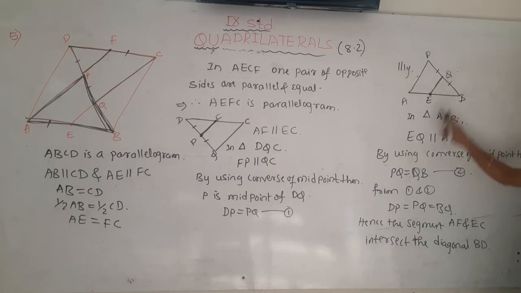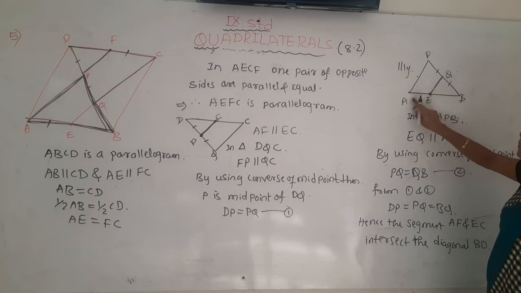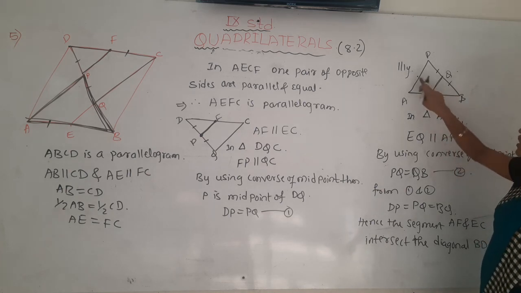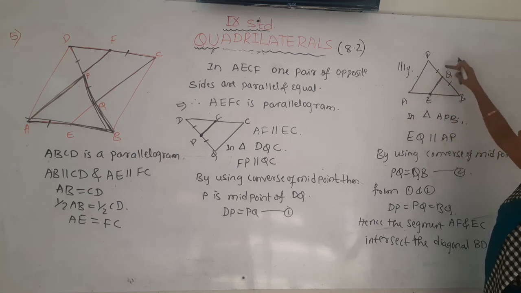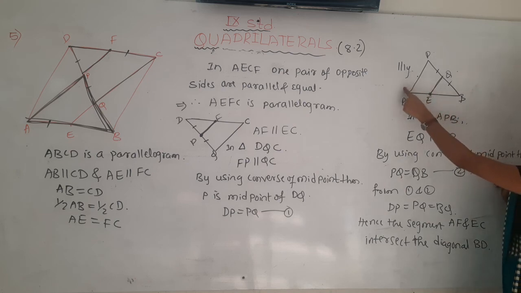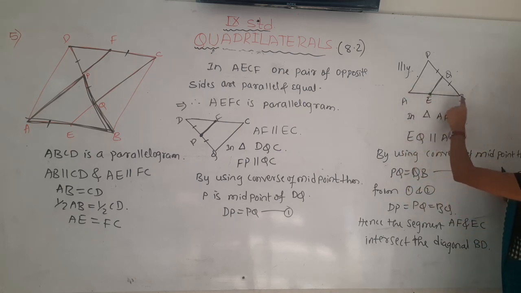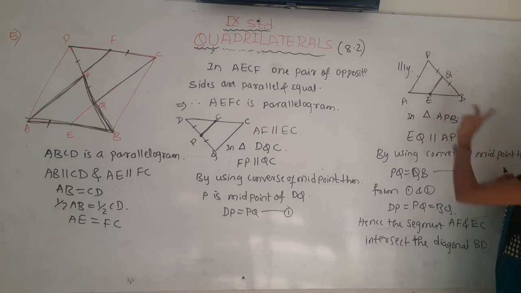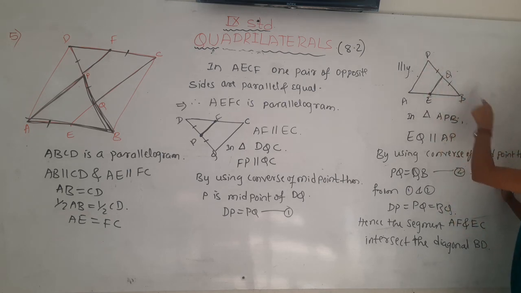Yes, here EQ is parallel to AP, and by using the converse of the midpoint theorem, what does it state? The line which is drawn from the midpoint of one side of a triangle is parallel to the other side and bisects the third side. So by using that, EQ is parallel to AP and EQ divides BP into two equal parts, means PQ is equal to QB. Give the equation 2.